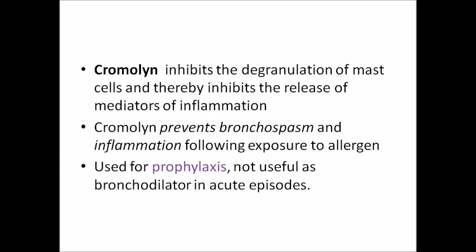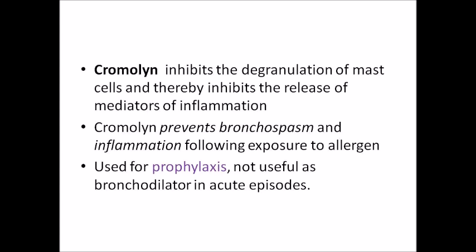The next group is mast cell stabilizers. The example is cromolyn. We already discussed that it inhibits the degranulation of the mast cell and inhibits the release of inflammatory mediators. Hence, cromolyn can prevent bronchospasm and the inflammation following exposure to an allergen.